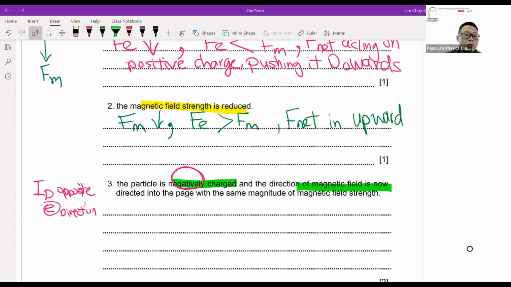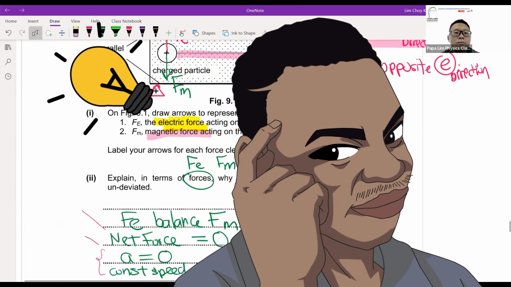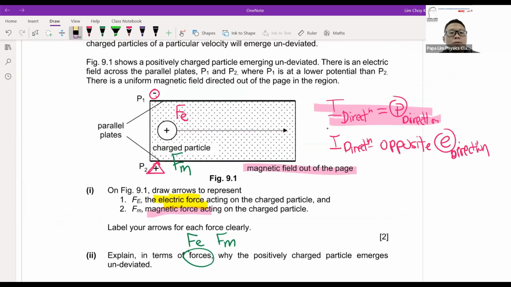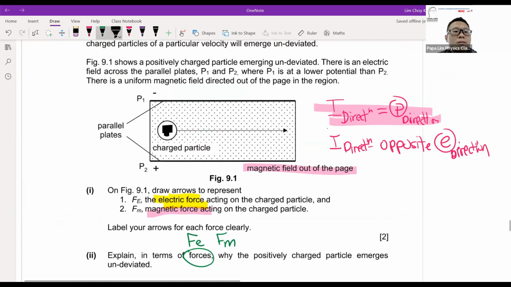So with this question, let's refer upwards to the picture for a clearer view. Let me erase this. The same electric field, same magnetic field. Now let's say this is negative, I have a negative charge. The electric field is still the same.